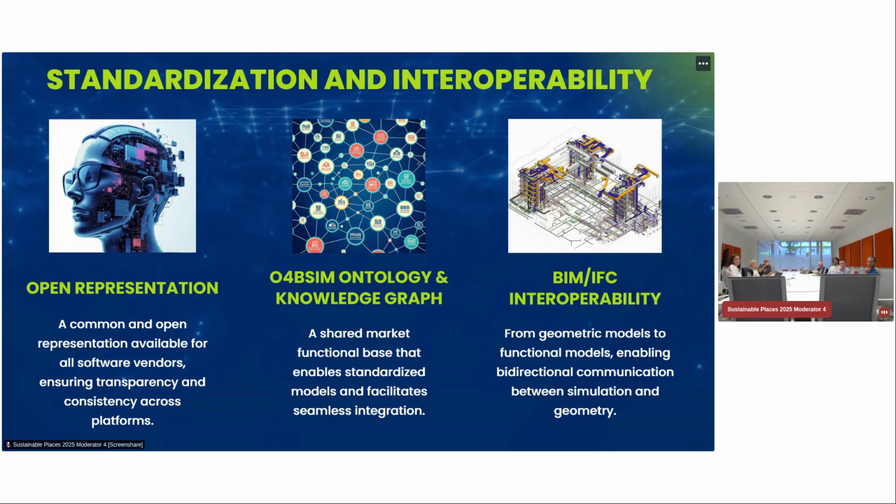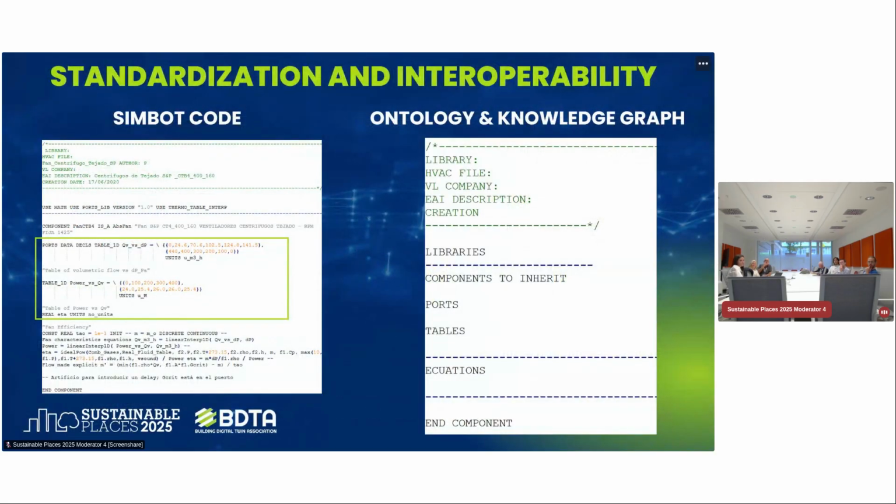So the idea is to create standardization and interoperability with other systems. It's really important to have this for the future. And here we can view the standardization idea and why we are saying that Symbot is open.